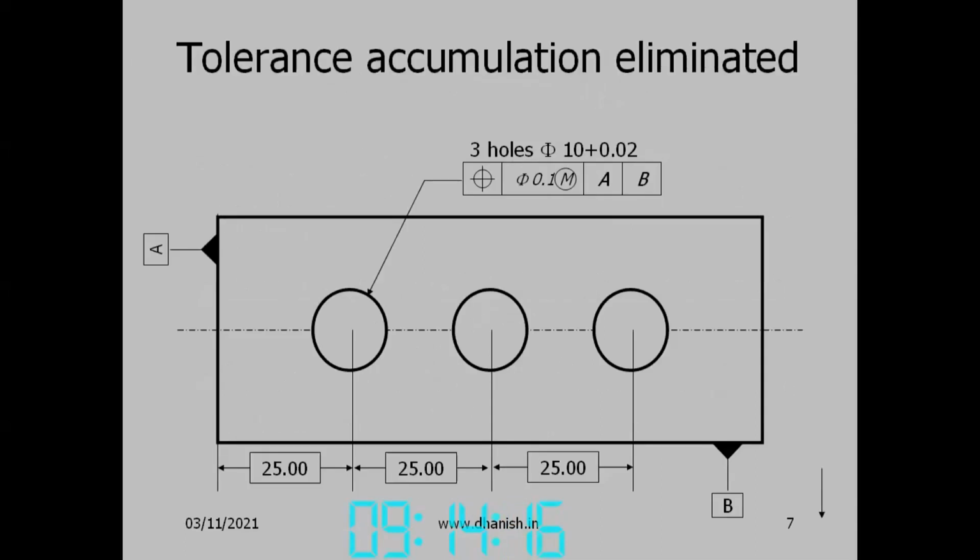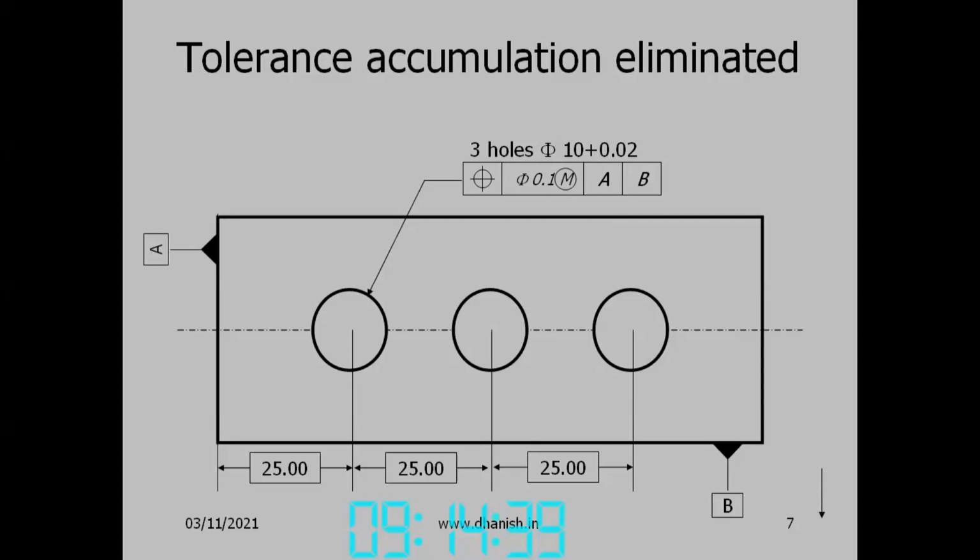One advantage of having tolerances based on the true position is that tolerance accumulation can be eliminated. This is another advantage which we did not mention in the earlier slide. So GD&T eliminates tolerance accumulation.